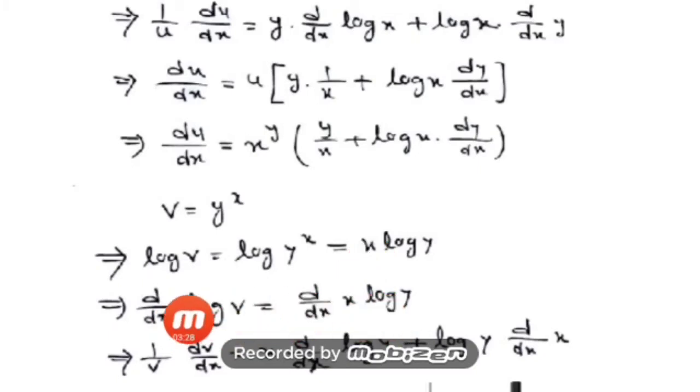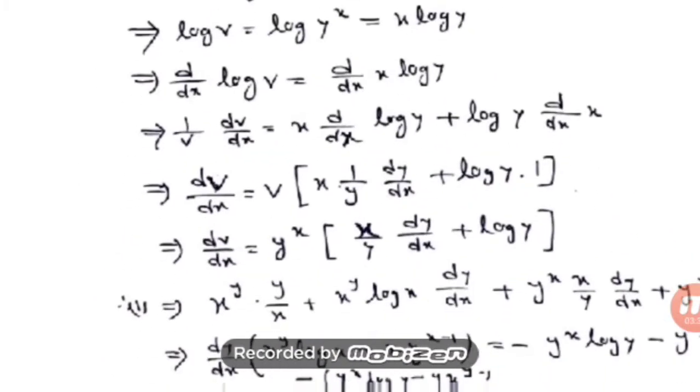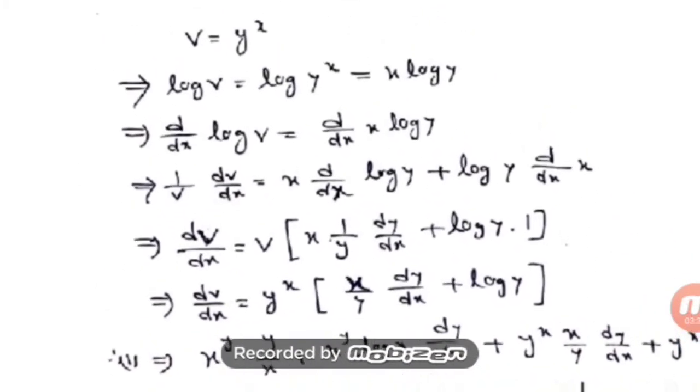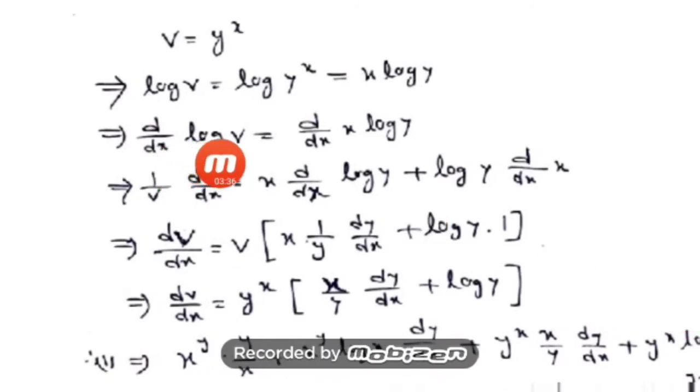After this we can use the formula of derivative, which gives 1 by v dv/dx for the log v derivative. This is the product rule you have to apply. First function, that is x, into derivative of the second function log y, plus second function, that is log y, into d/dx of x.